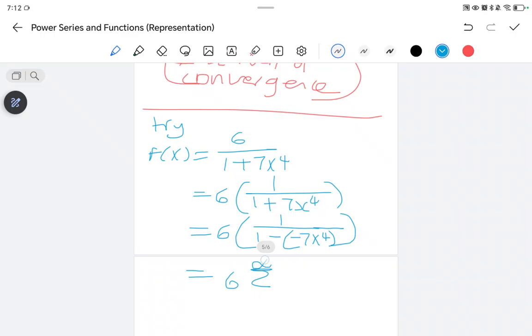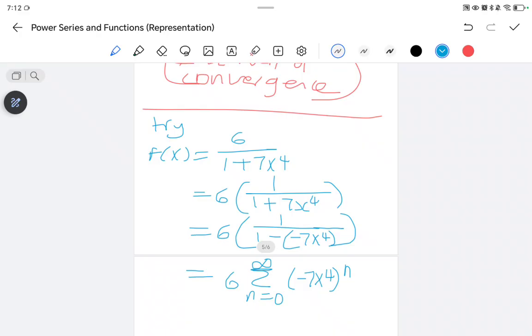the summation of n equals 0, where there's x, we plug in negative 7x to the 4, to the n. Then that is the power series representation that we have from this one. Now the first question is, what is the radius of convergence?